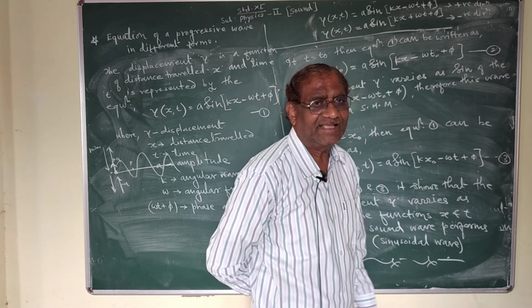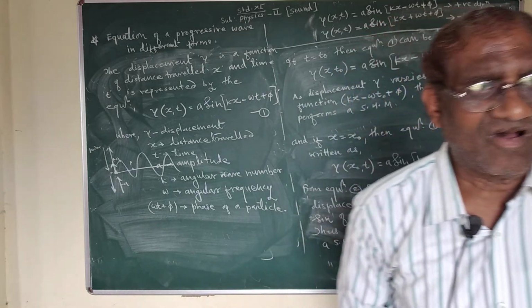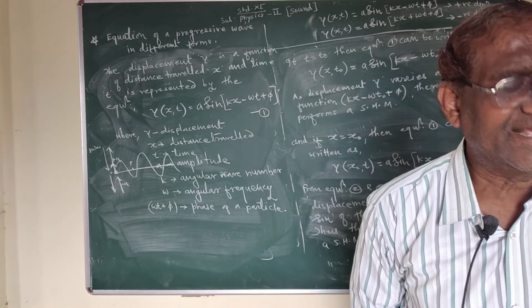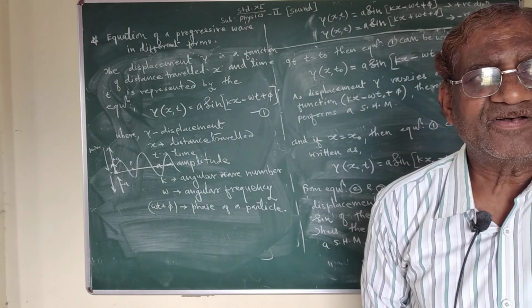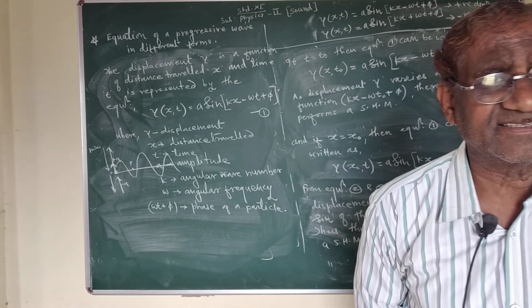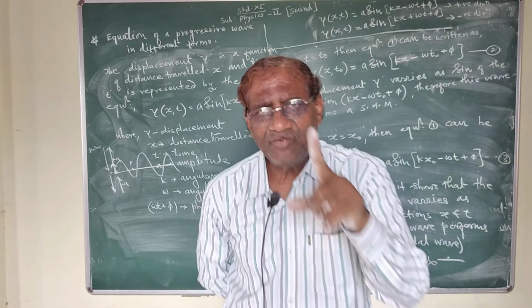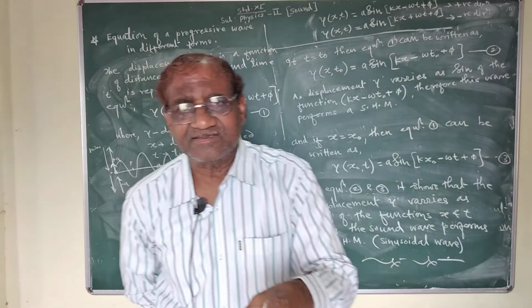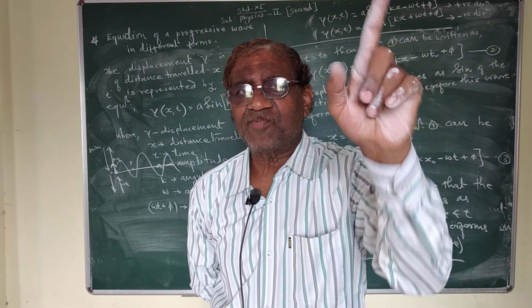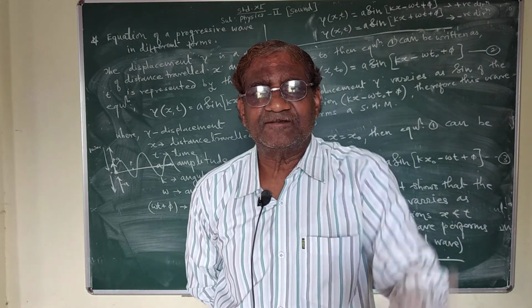Hence, displacement of particle is a sine of a particular function, that is distance. Hence, sound wave performs simple harmonic motion. The quantity which varies as sine of a particular function performs a simple harmonic motion, called vibrational motion.